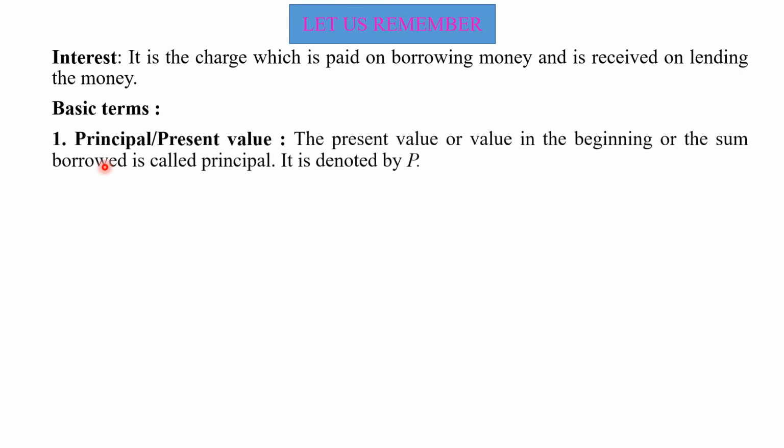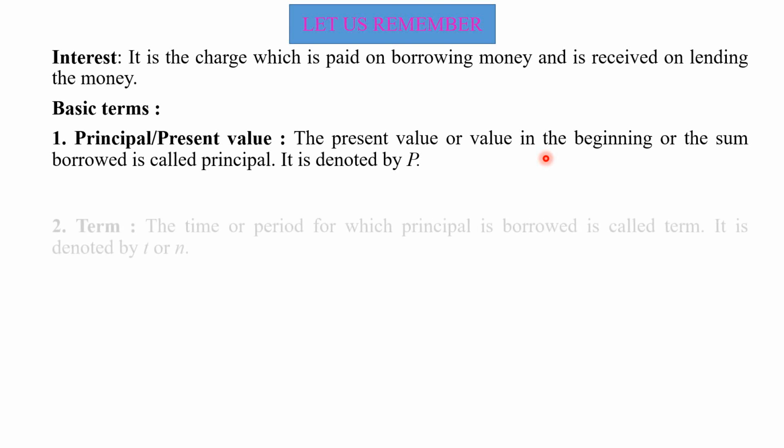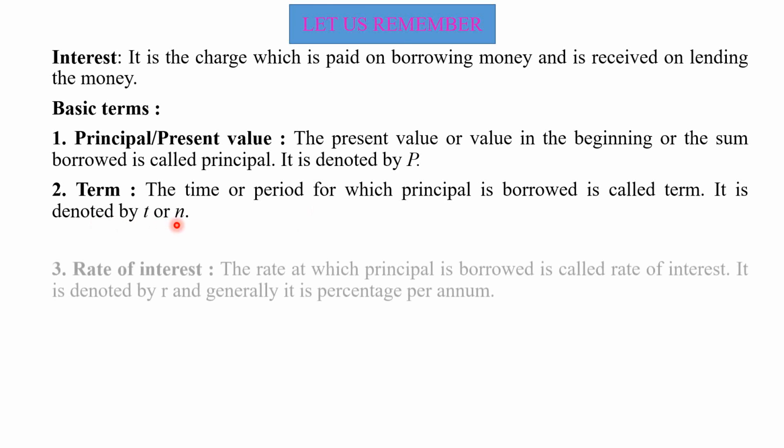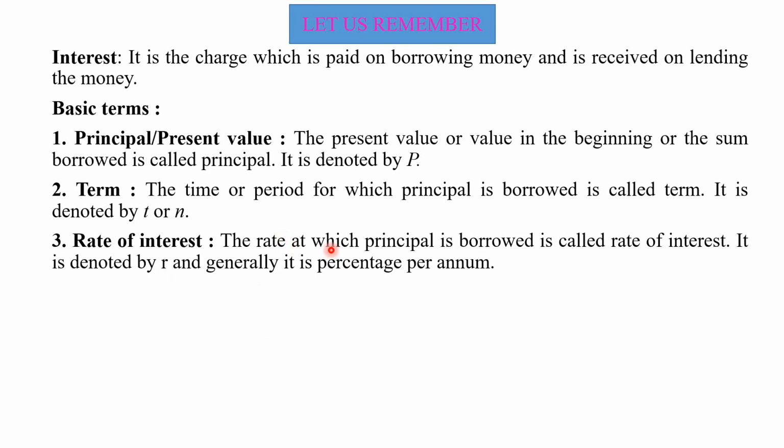The basic terms: principal value or present value, the value in the beginning or the sum borrowed, is called principal and it is denoted by P. Term, the time or period for which principal is borrowed, is denoted by N. Rate of interest, the rate at which principal is borrowed, is denoted by R and generally it is percentage per annum.